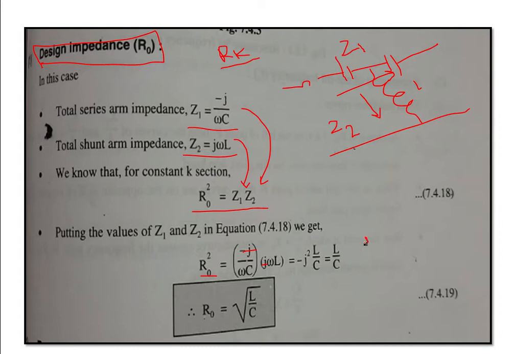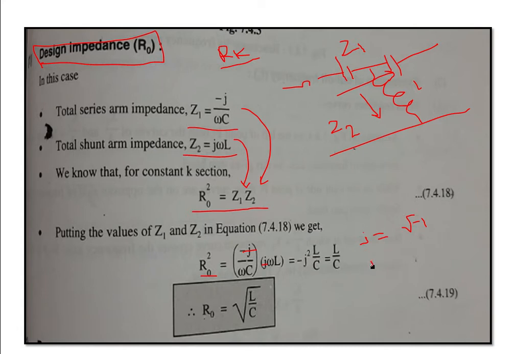We know that j is equal to root of minus 1, so R0 square is equal to L upon C, and j square is equal to minus 1.